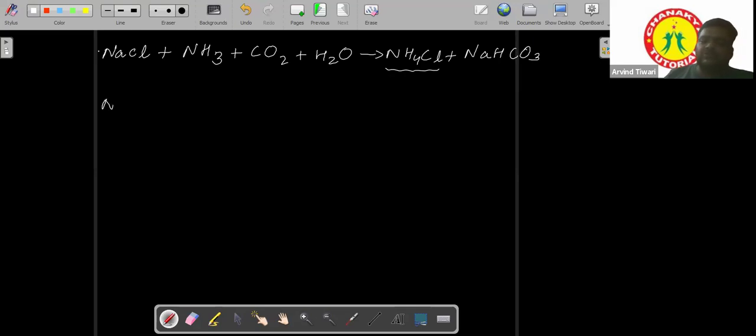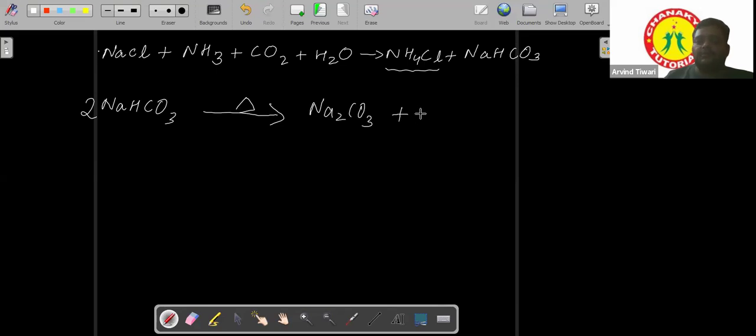Once you obtain sodium hydrogen carbonate, NaHCO3, it can be heated further. If you heat this sodium hydrogen carbonate, you will obtain sodium carbonate, Na2CO3, plus CO2 plus H2O. So in this process, you obtain your sodium carbonate.